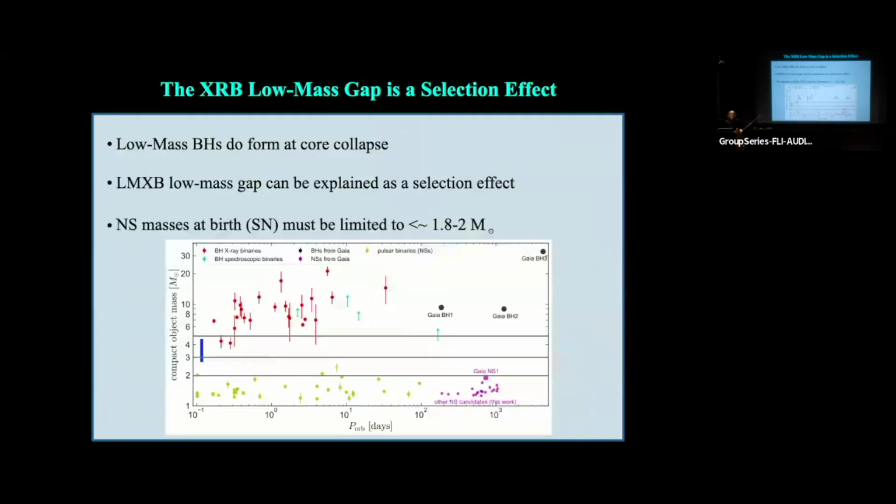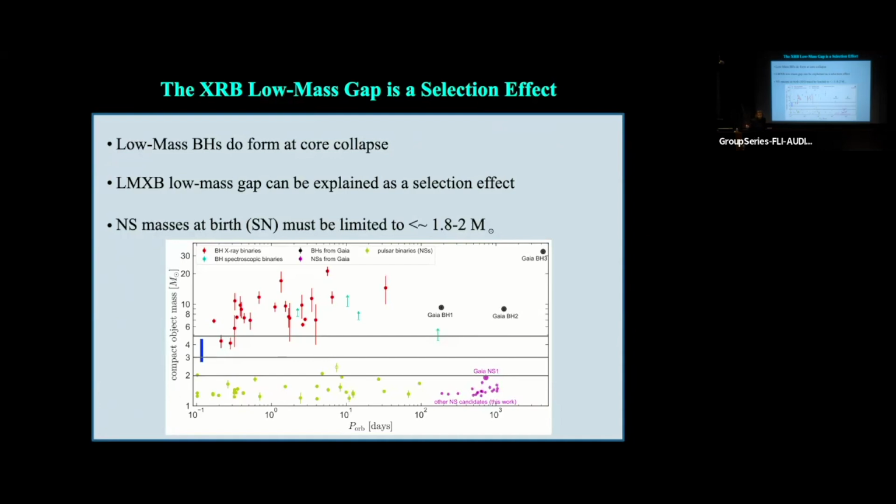So if we go back, our conclusion is that the X-ray binary low mass gap is actually a selection effect. And it does not need a step function for the supernova energy as a function of the progenitor. In fact, we have to allow low mass black holes to form, because we observe one now in 0529.